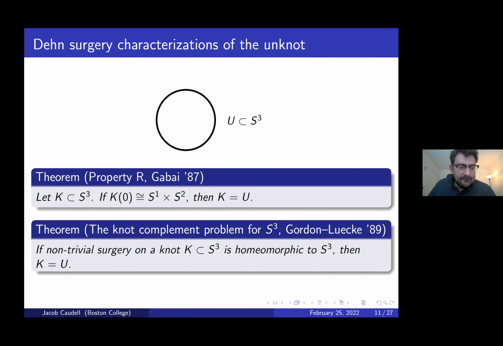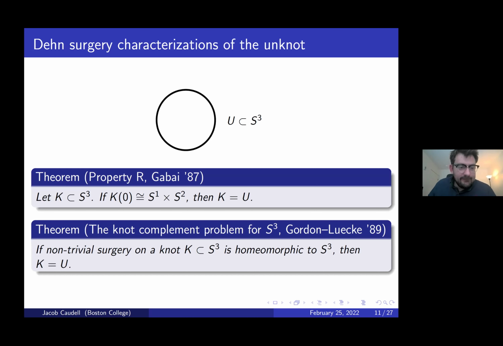So we use four-manifolds, and we use their intersection forms. If X is a four-manifold, then the second homology of X, modulo torsion, comes equipped with a symmetric, integer-valued bilinear form.